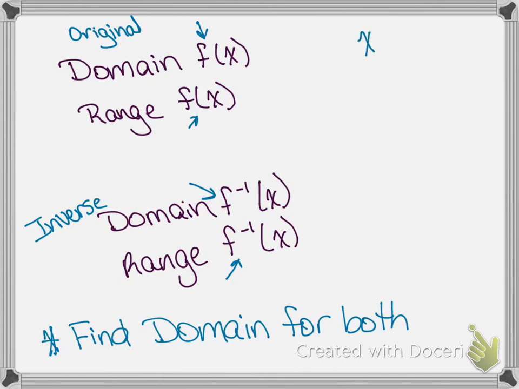So this is my original function. I've got x minus 2 in the denominator. x minus 2 cannot be 0. So how do I write that in interval notation? How do I write x minus 2 cannot be 0? What can x not be? x cannot be 2.